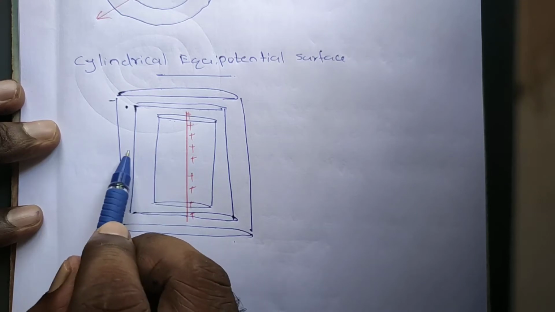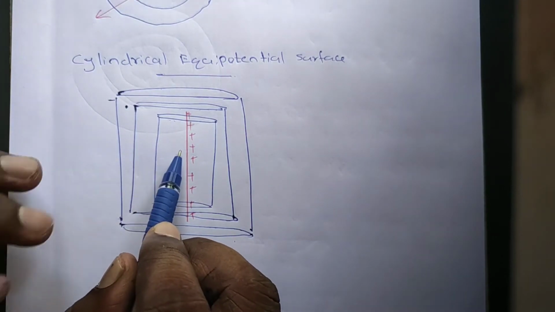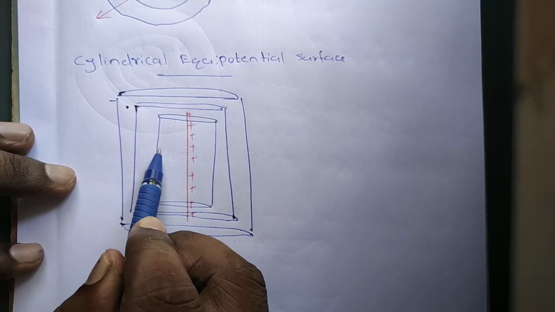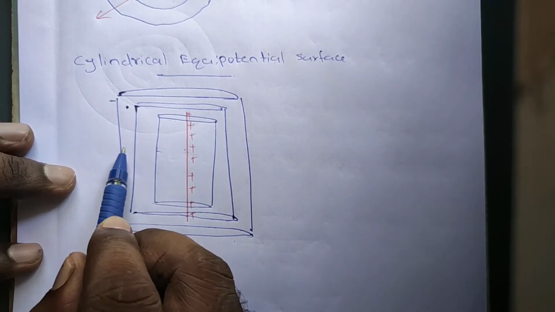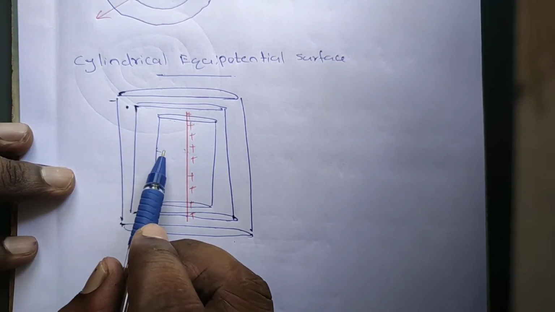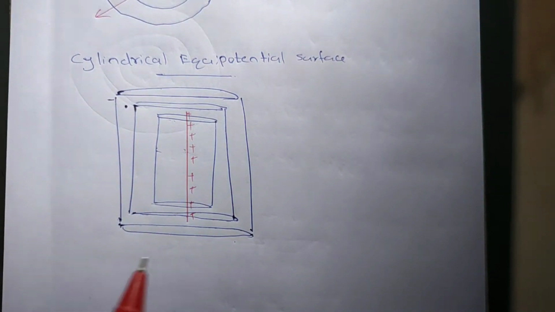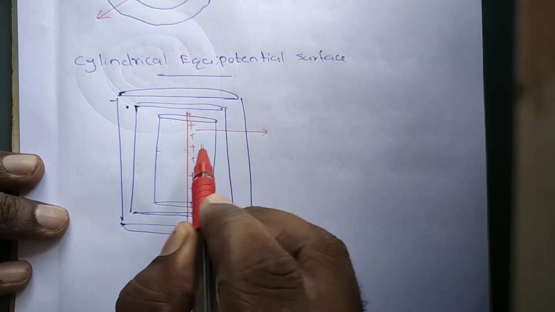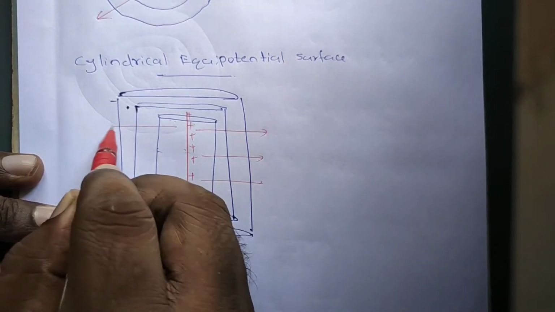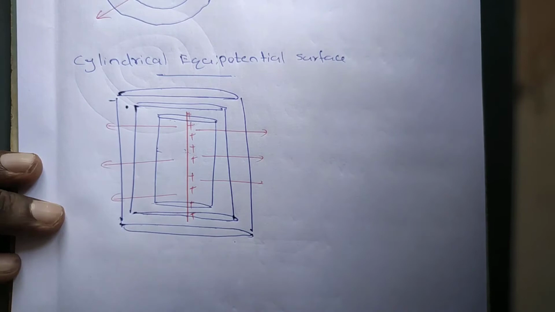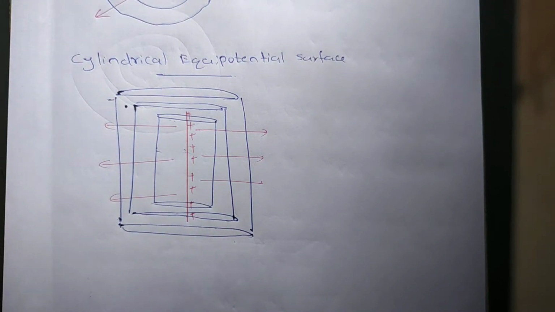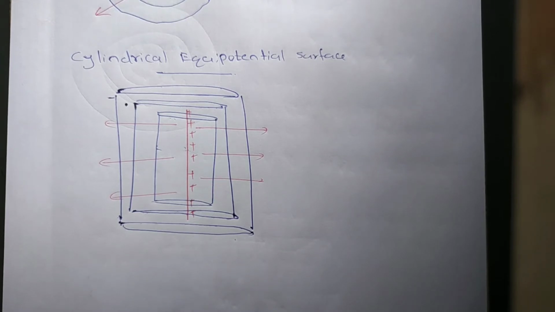My diagram is a little bit not correct, but you have to consider that the distance between the equipotential surfaces increases while going away from it. Then what is the electric field? It is perpendicular to the surface in this direction, in this direction. The electric field at any point is perpendicular to the surface. So the equipotential surface produced by a line of charge is a concentric cylindrical equipotential surface.